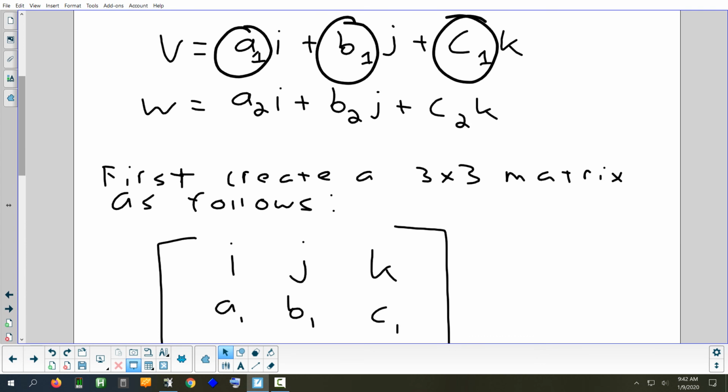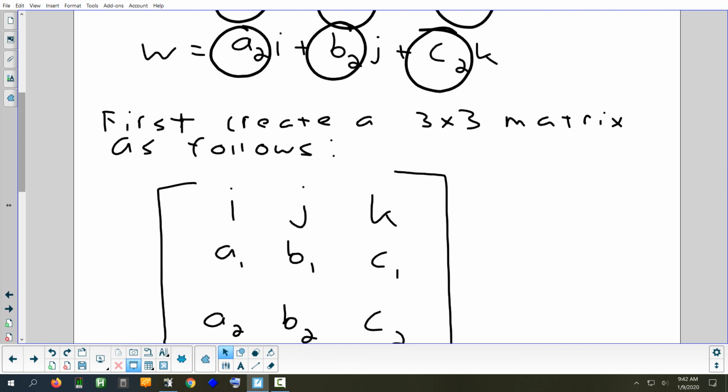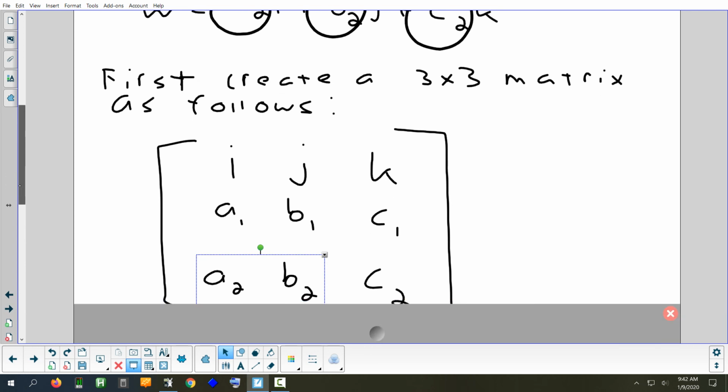In the third row, you're going to put the three numbers from the second vector, A2, B2, C2. Right now, it looks kind of confusing because you got 9 letters up there. Six of these things, when we do an actual problem, are going to turn into numbers: the A1, the B1, the C1, the A2, the B2, and the C2. So when you're doing a problem, at this step, you'll have something like this. That's what it would kind of look like.